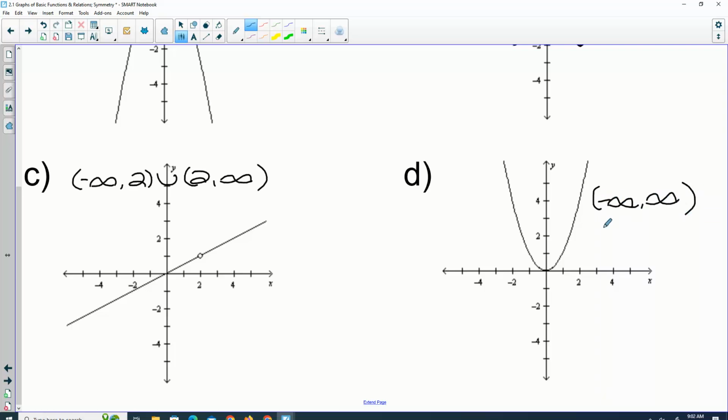There's no breaks in that graph, it's continuous everywhere.